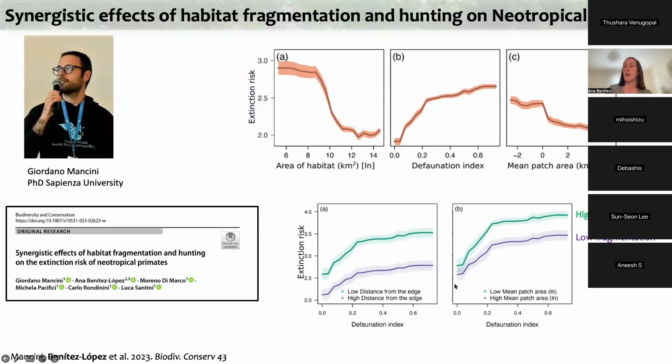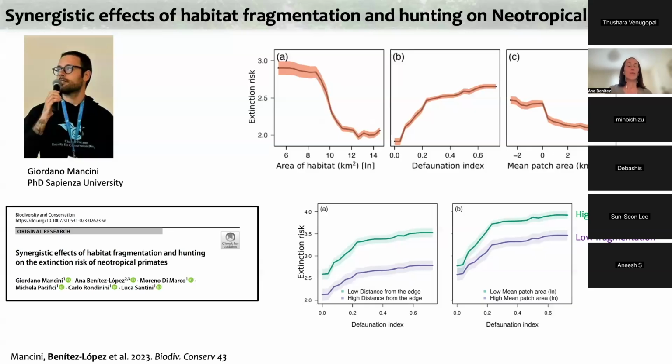And these effects only become evident as hunting pressure increases. So we have these synergistic effects which are acting together and basically pushing the extinction risk of tropical primates in a multiplicative instead of an additive way.